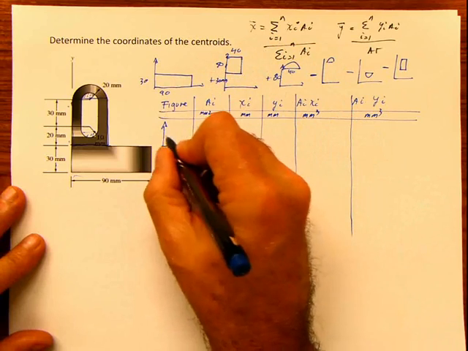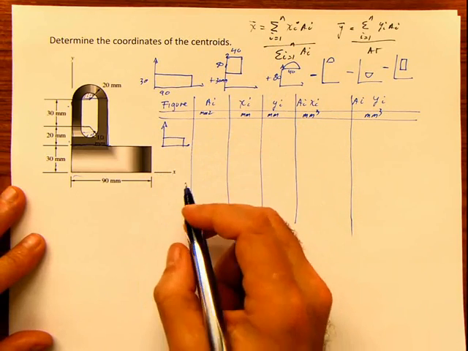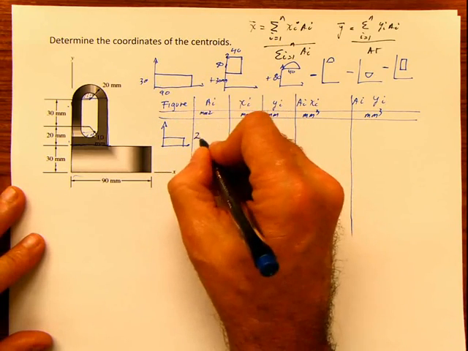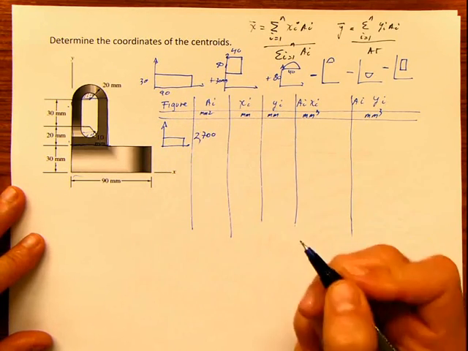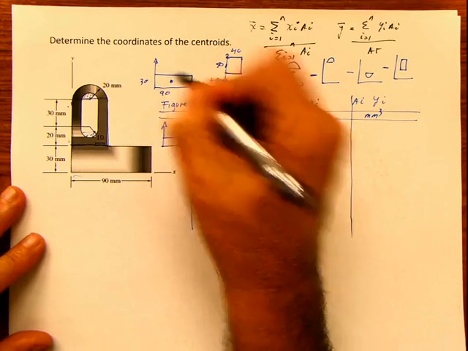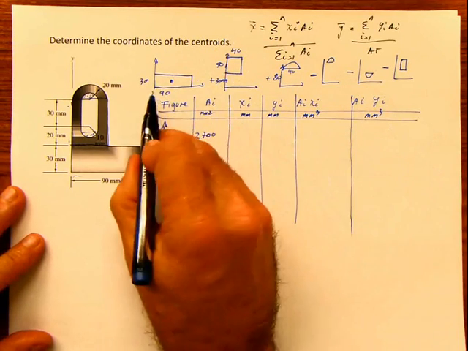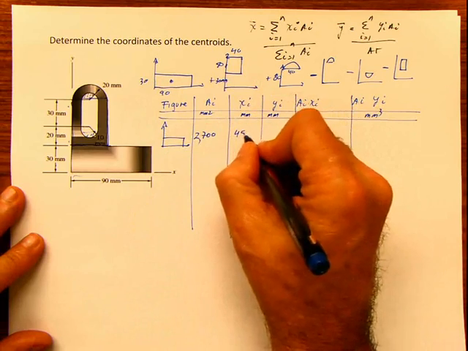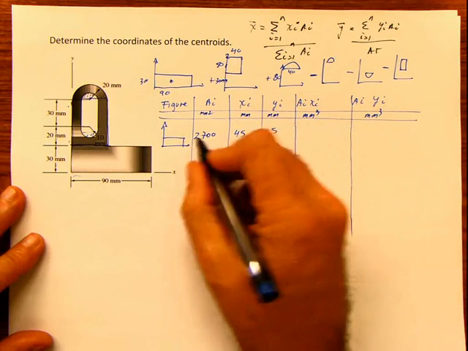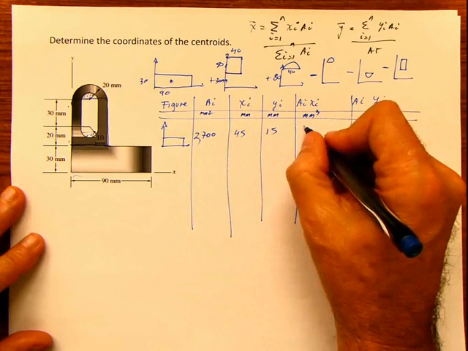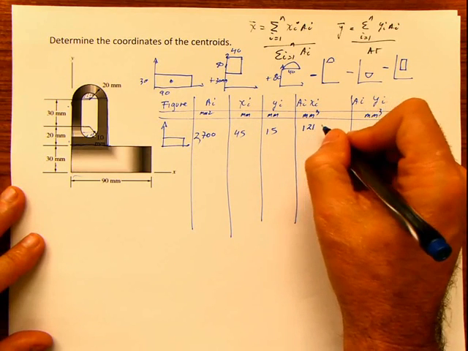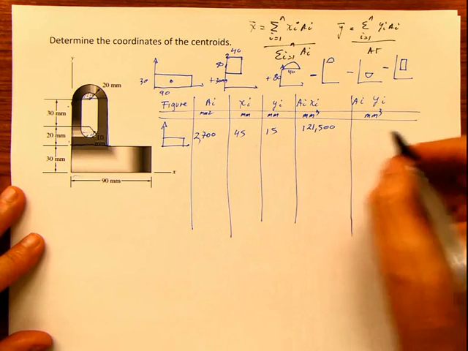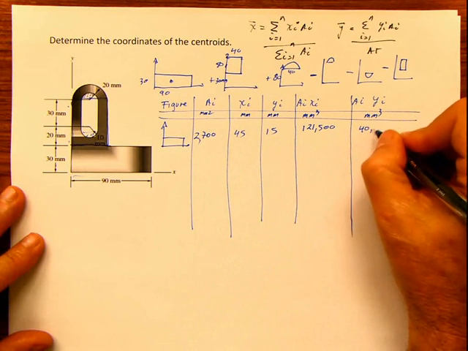The area is 30 times 90, 2700. The center is located at the center, so xi is going to be 45 and yi is going to be 15. Then you do the multiplication. This times this is 121,500, and this times this is 40,500.